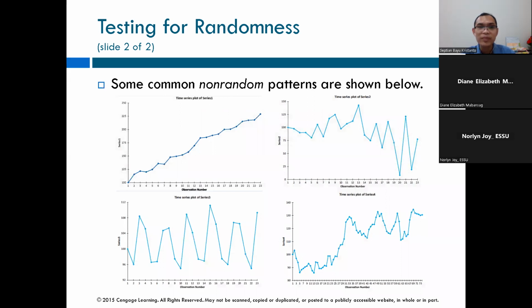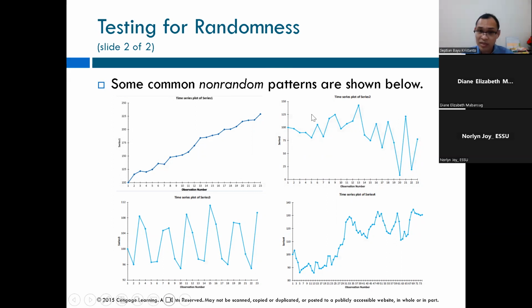So if you find data like this one, this is the common non-random pattern, like series 1, series 2, or series 3, and this one for series 4 is very random, but we cannot know the pattern.